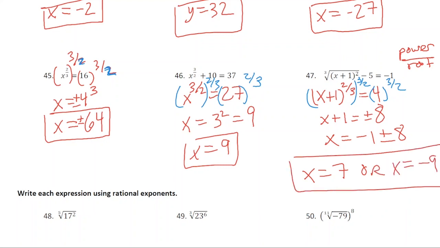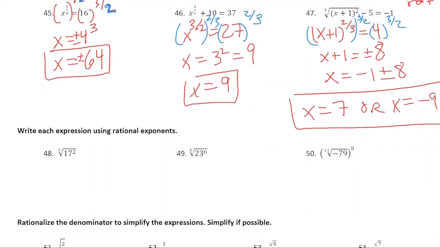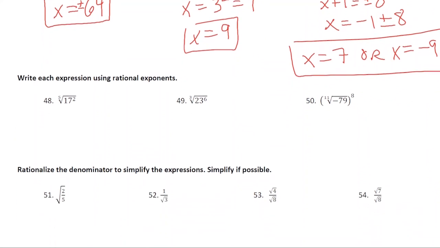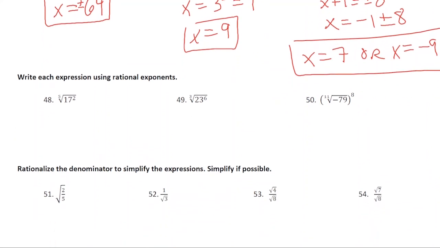All right. We're making some good progress here. 50 questions. Oh, goodness. We got to be close to being done here. Number 48. Oh, we're just rewriting these using rational exponents. There's not really much to say here. Basically, if you've got something in this form, this is equivalent to saying x to the power of a over n.